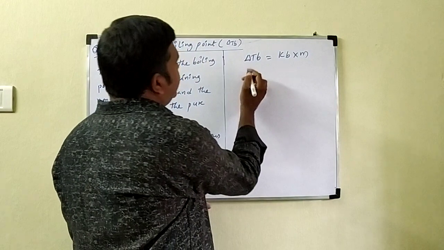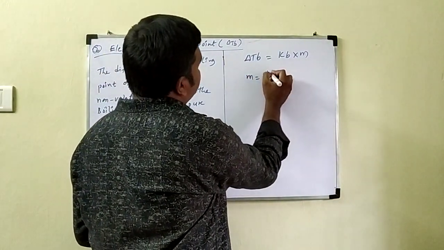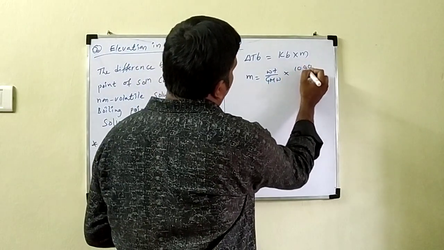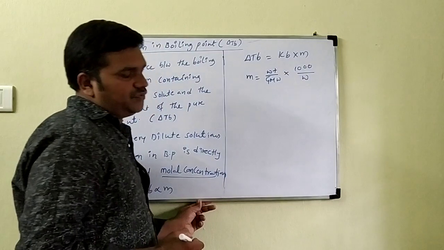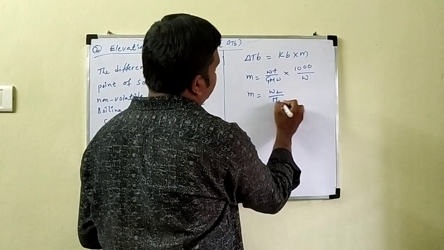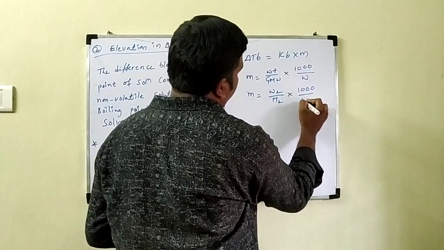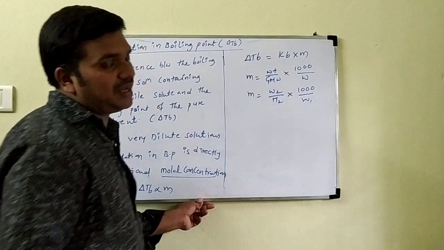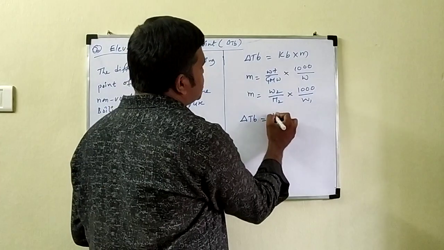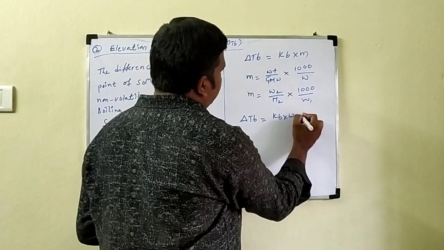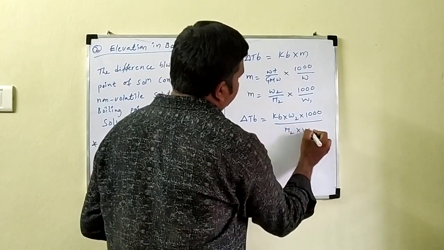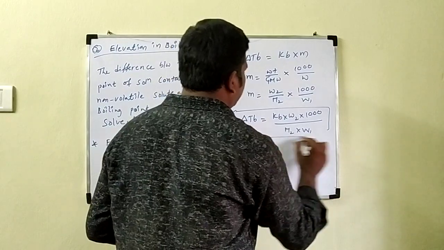So you know already molality m is equal to weight of the solute by gram molecular weight of the solute into 1000 by weight of the solvent. From this I write molality m is equal to W2 by M2 into 1000 by W1. What is W1? W1 is the weight of the solvent only. From this you are writing here delta TB is equal to KB into W2 into 1000 by M2 into W1.